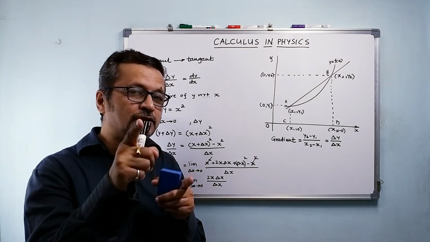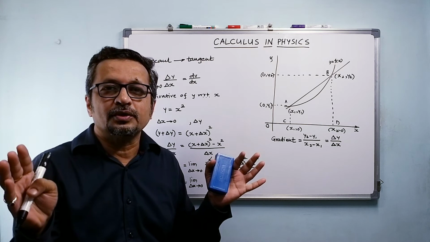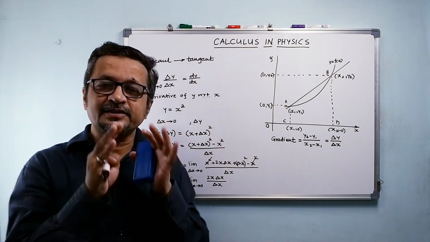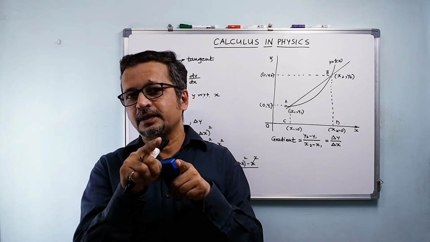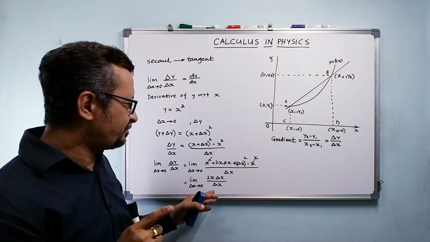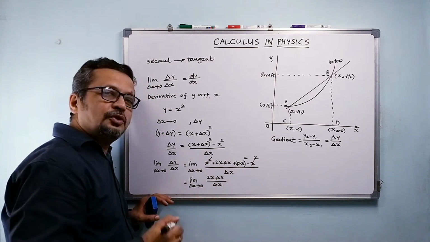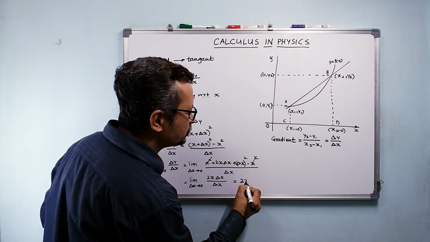I can do that because my delta x is not equal to 0. Delta x tends to 0 doesn't mean that delta x is equal to 0. So what am I left with? The limit as delta x tends to 0 of 2x. So finally my answer is going to be equal to 2x.